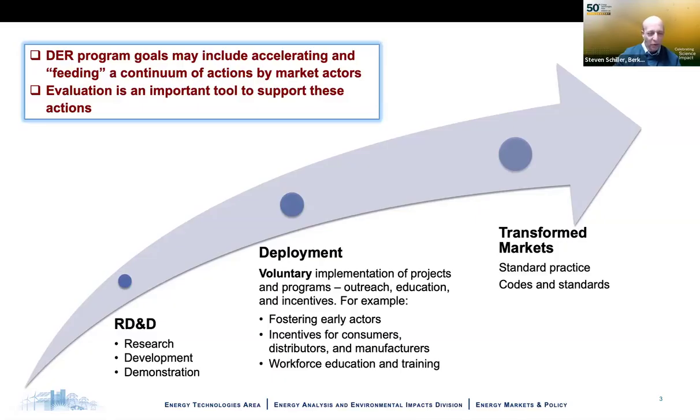It starts with coming up with ideas and researching them and demonstrating them, and then doing voluntary deployment, and then potentially looking to work towards transforming markets, so you don't have to do these programs, where things become standard practice or maybe embedded within codes and standards. And the evaluation process is something that supports this. It's a tool to support these actions, provide information and feedback so that we can do these more effectively.